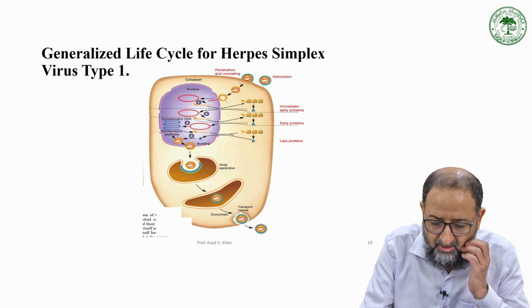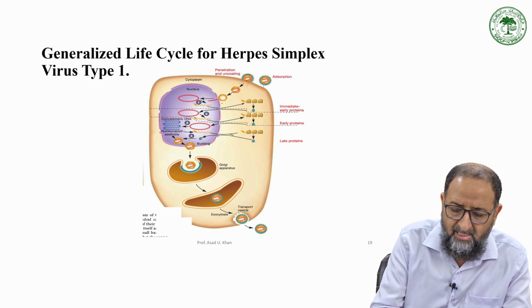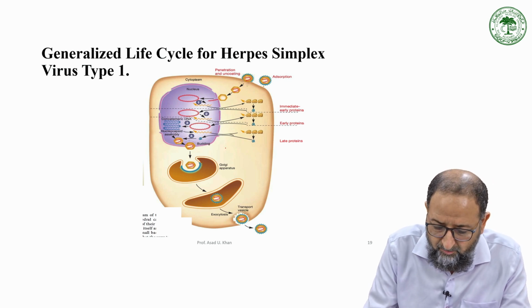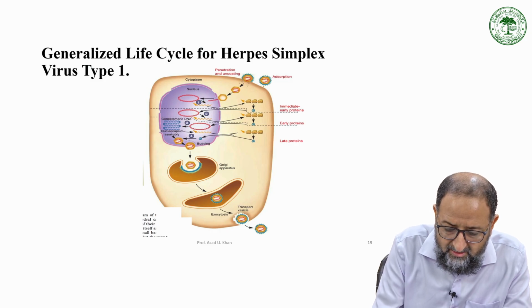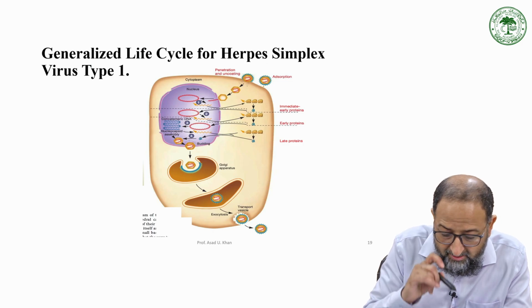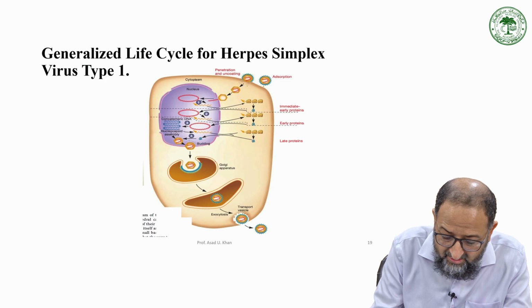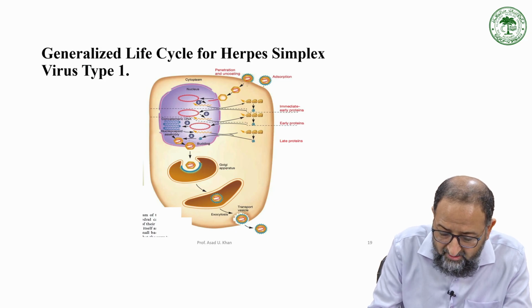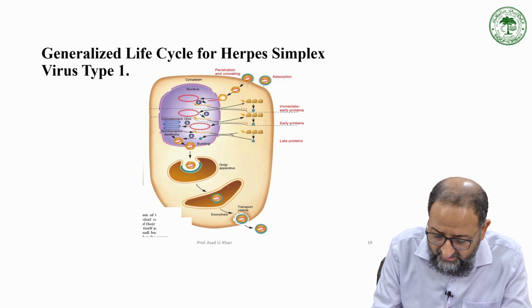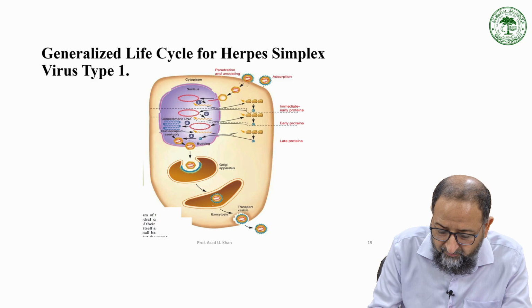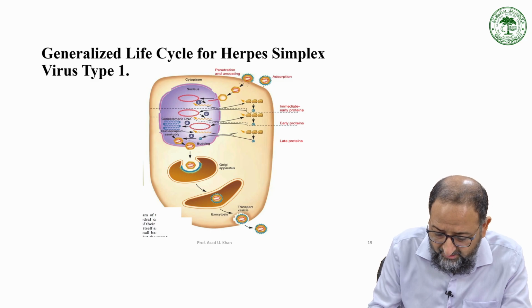The nucleic acid enters the nucleus of the host cell, and this is the cytoplasm, and there the process of replication starts. This is the concatameric DNA, and this is how budding takes place, and a number of virus particles start being synthesized. These virus particles pass through the Golgi apparatus, protein synthesis takes place, and vesicles are formed, and through these vesicles the viruses are exocytosed.